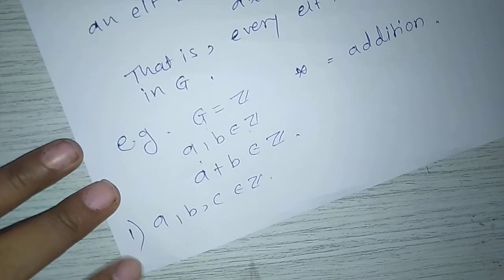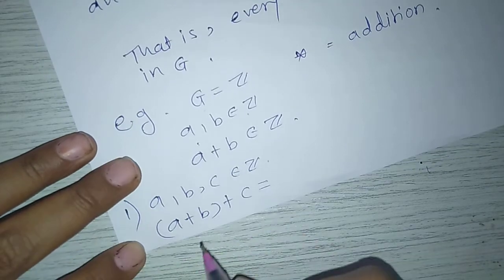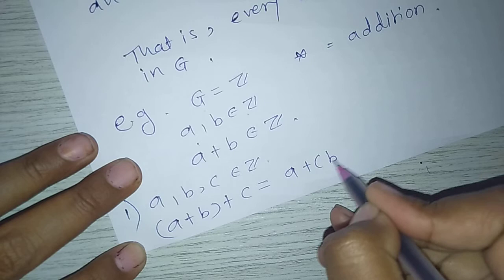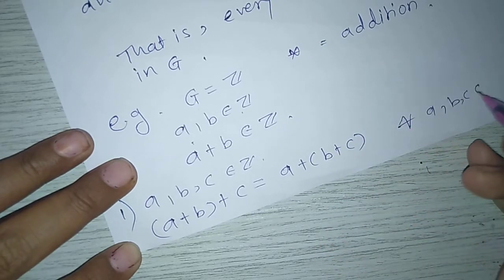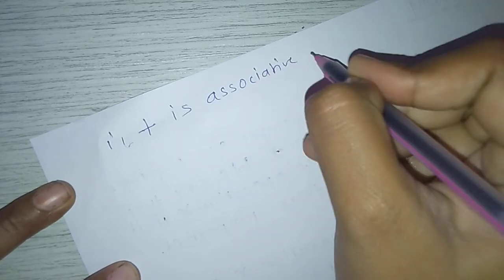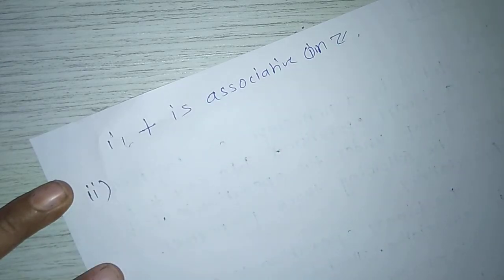First property, associativity. A plus B plus C equal to A plus of B plus C for all A, B, C belongs to Z. Therefore, addition is associative on Z. Second, identity.